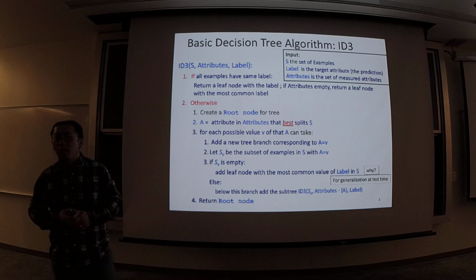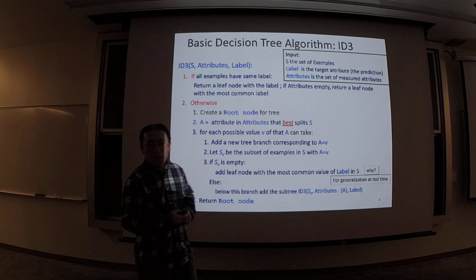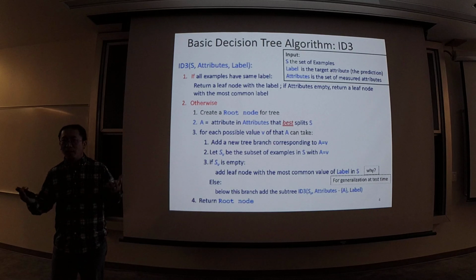That means you don't have any label. That's not allowed. Whenever you create a classifier or predictor, you should guarantee that for any test instance, you provide some prediction. You cannot say, I refuse to predict.